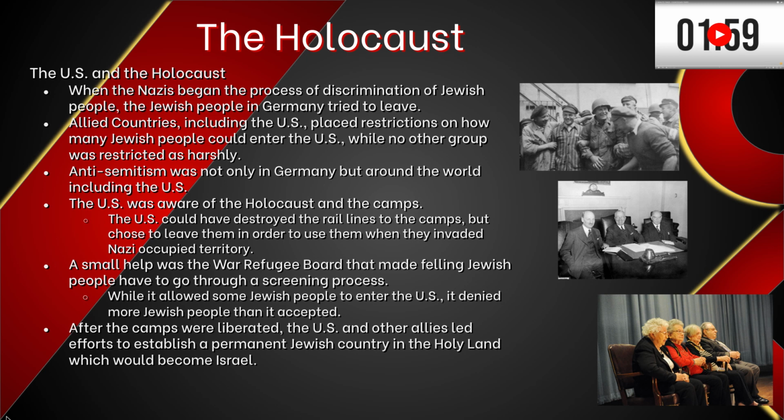On top of that, once the United States was involved in the war and moving through Europe, there were opportunities to actually disrupt these concentration and death camps, to cut the rail lines of the people being shipped in and out of these camps. But the United States, and the Allies as well, decided against it for various reasons.